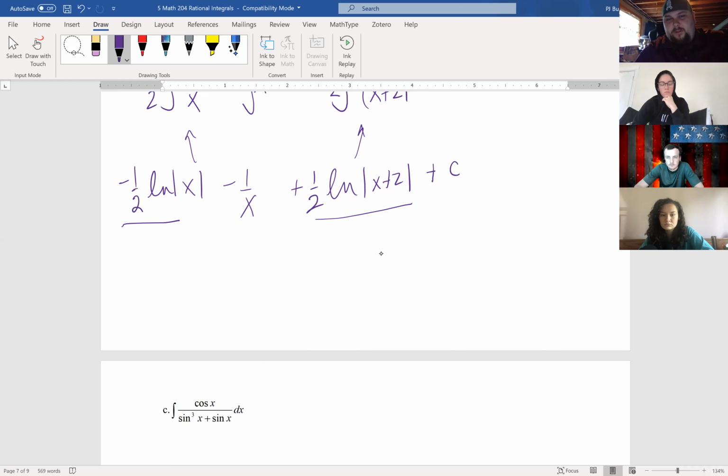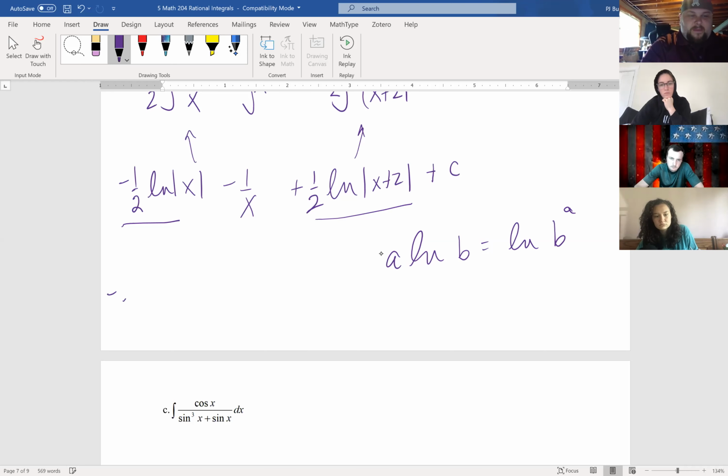So you may recall there's a rule of logarithms that says if I have a constant in front, then I can rewrite it as the log of the inside to that power. So I'm going to say that that 1/2, that's the same thing as a square root if I were to use it as a power.